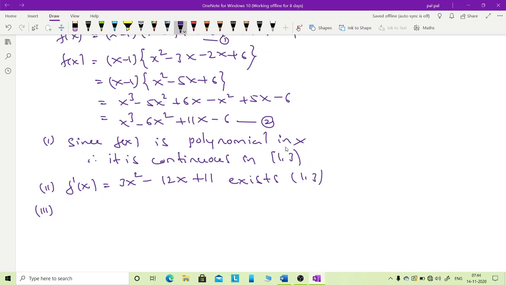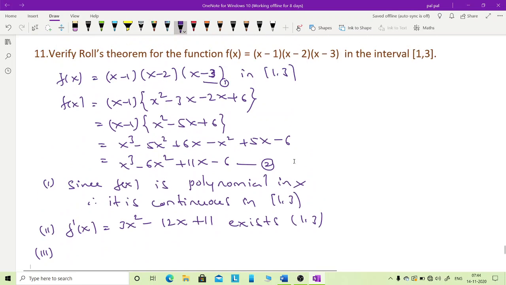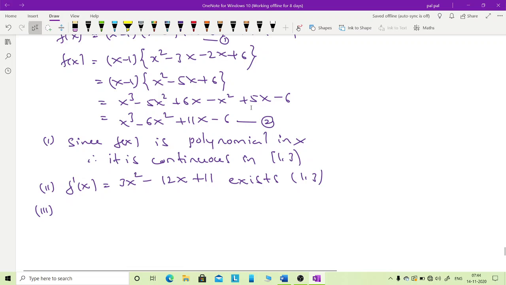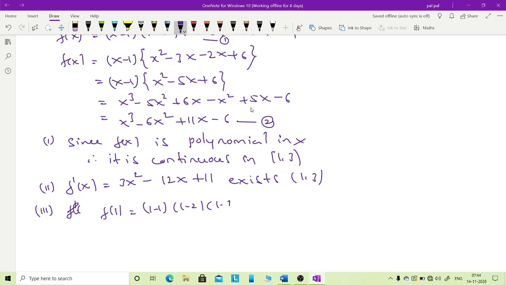Third condition, take f of a is equal to f of b. Take the first equation, because if we put 1 here, 1 minus 1 gives 0. So f of 1 is equal to 1 minus 1 into 1 minus 2 into 1 minus 3, which is equal to 0.